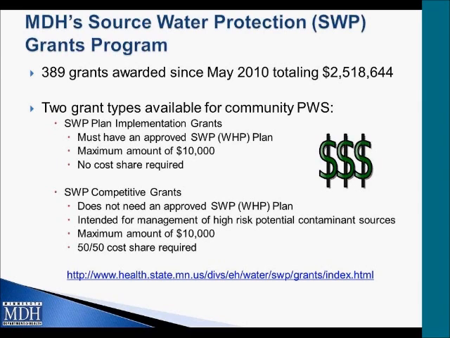We do have two types of grants available. The plan implementation grants are targeted directly towards helping public water suppliers implement wellhead protection plans. And so the eligibility is really that they have an approved wellhead protection plan in place and that the project that they are seeking funding for is identified in the plan.